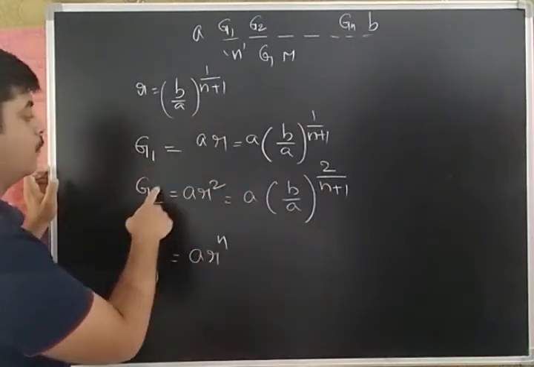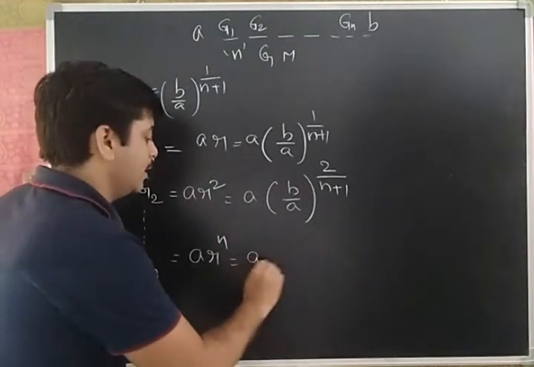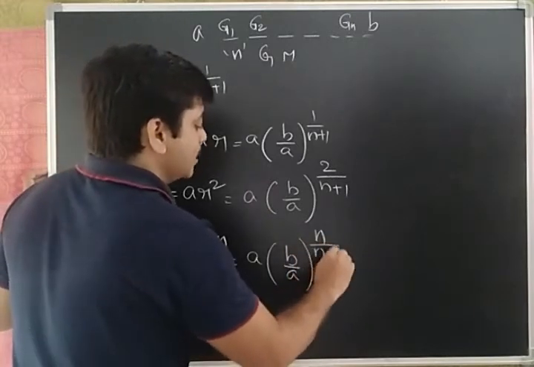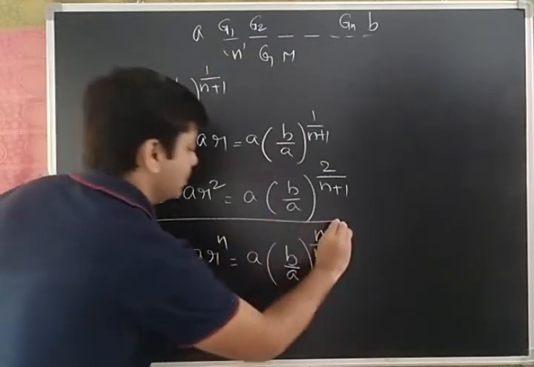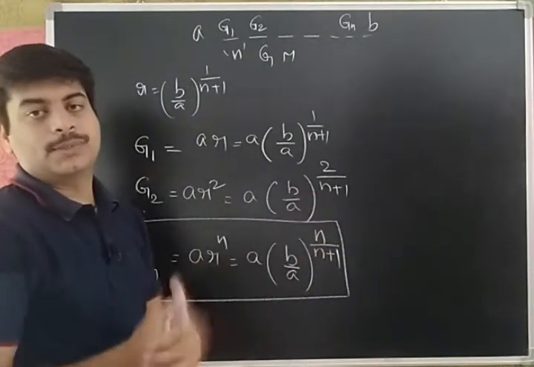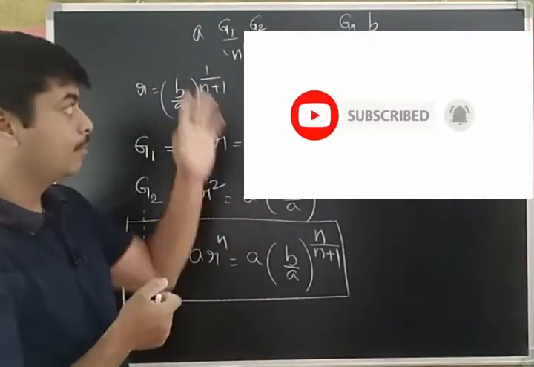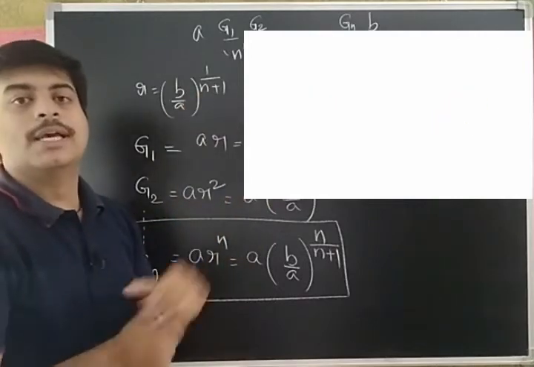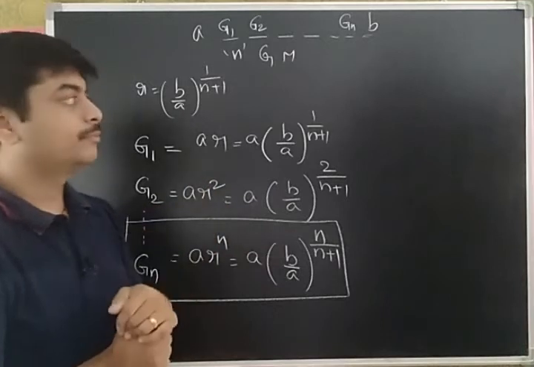For 1 it is 1, for 2 it is 2, for n it will be n. a into r power n, which is equal to a into b by a whole power n by n plus 1. So this is the term for nth geometric mean. Okay, so with this we can find all geometric means in between two numbers, so that the complete sequence will form geometric progression.